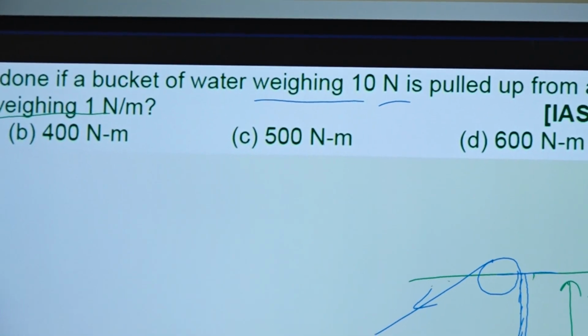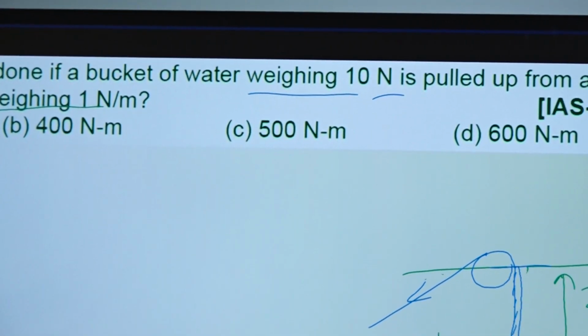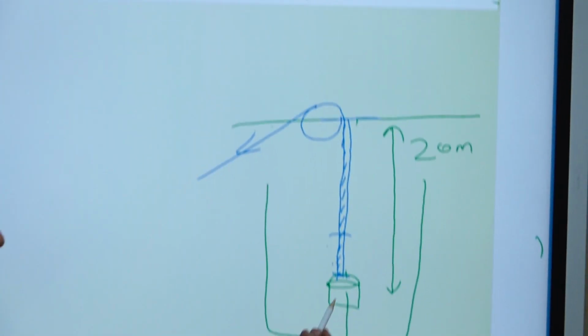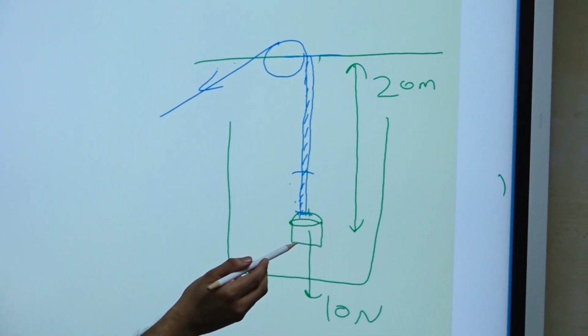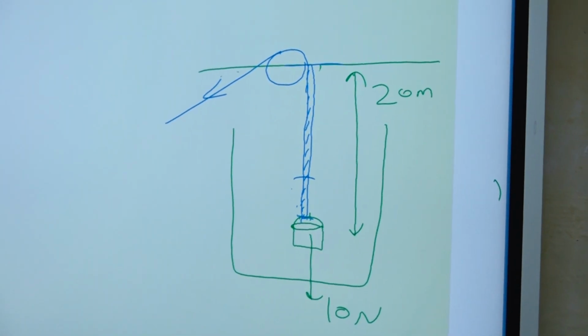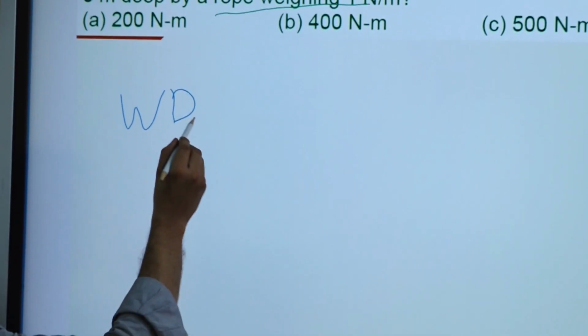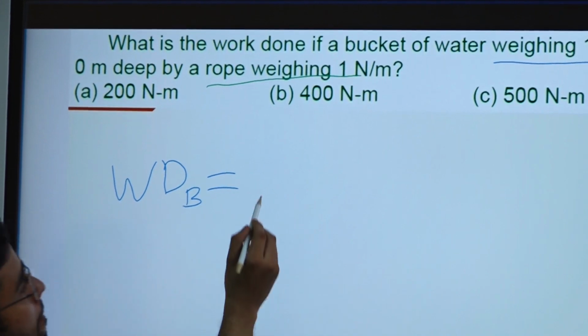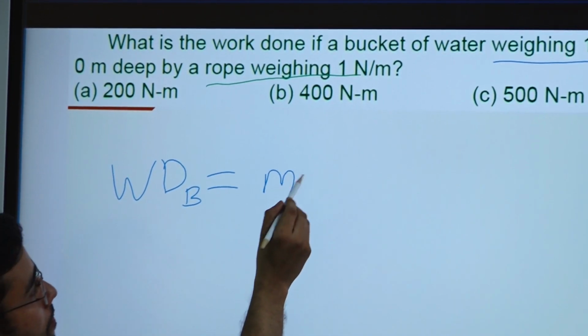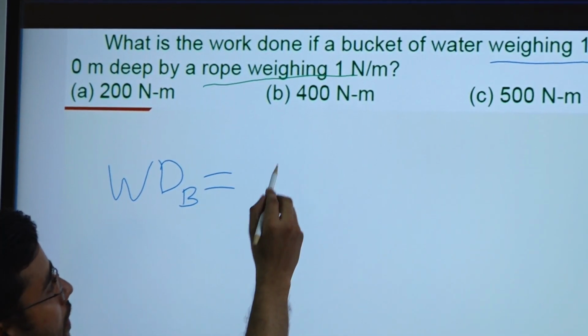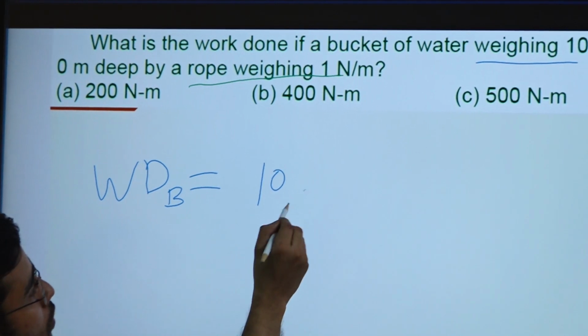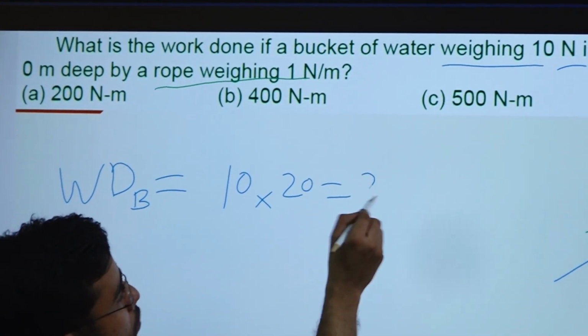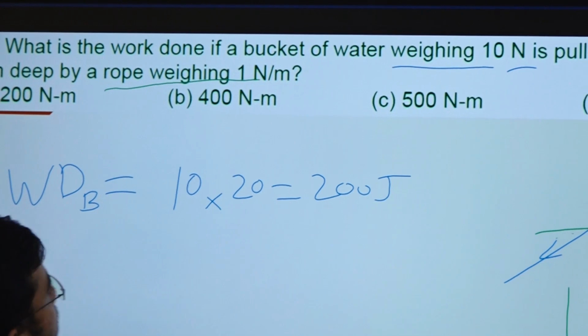So first let us find the work done to pull this bucket from bottom to top. The work done only for the bucket will be mgh. Mg is the weight, equal to 10, into height 20. So the total is 200 joule.